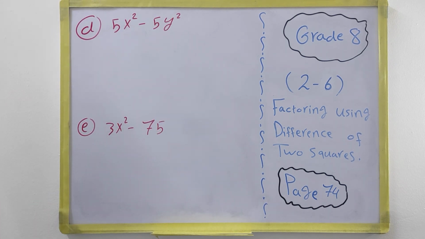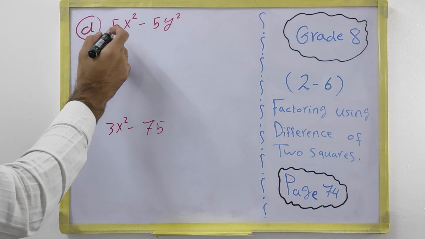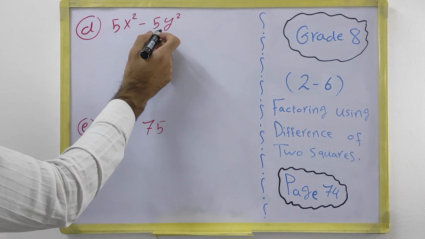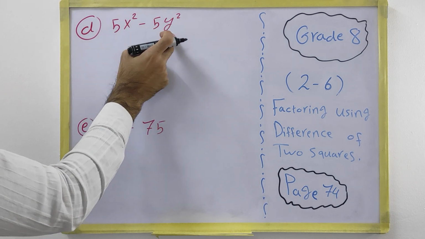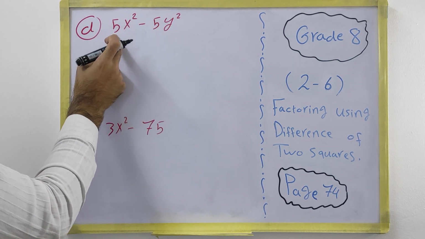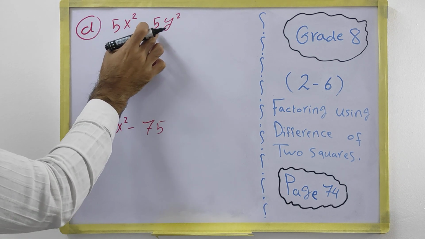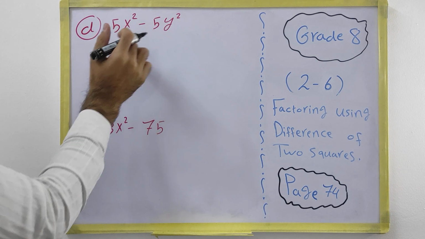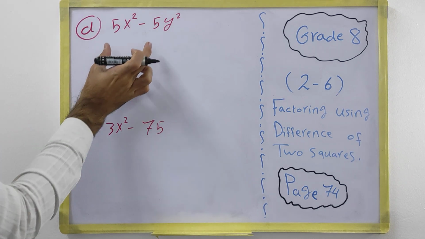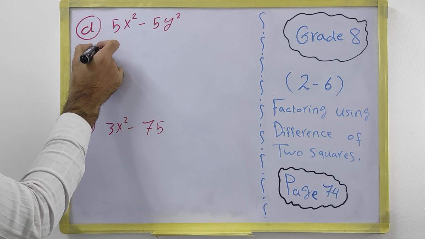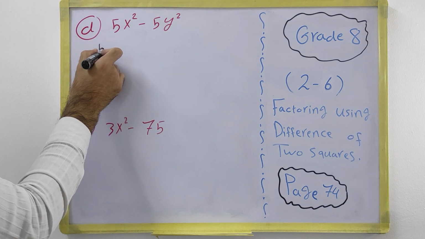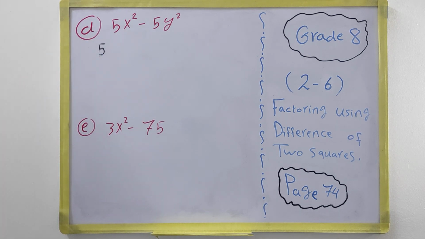For these two, if you look at the unknown values, it's x power 2, y power 2, they are okay. But here we have 5. 5 is not a perfect square itself. But here we have 5, here we have 5. Between these two terms we can take a common factor, which is 5.